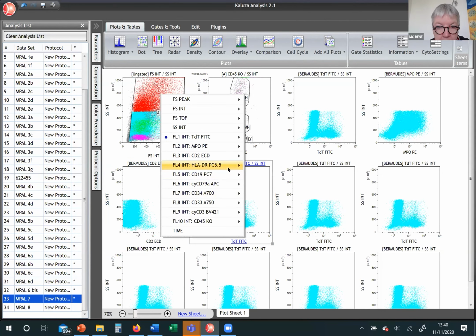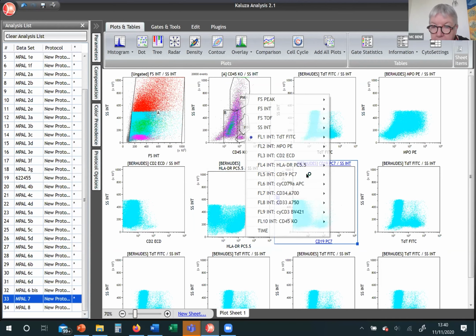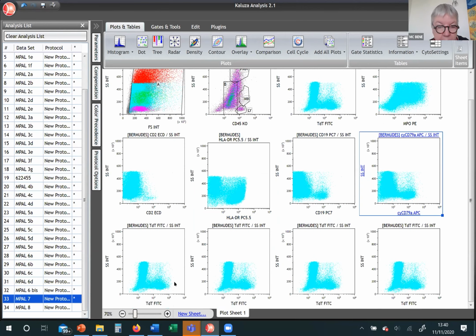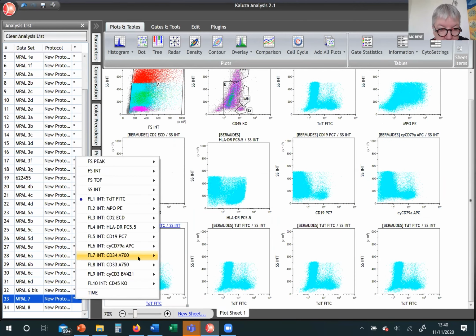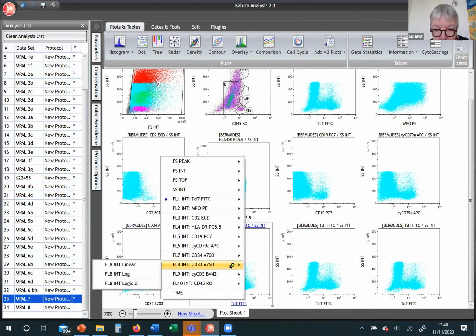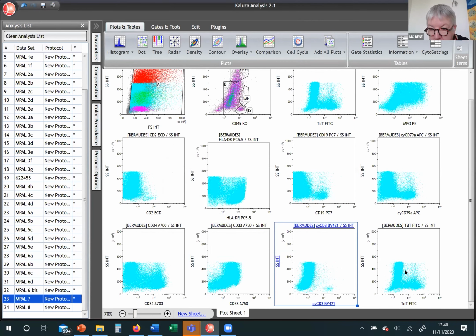This one is HLA-DR. Now we have some CD19, CD79a, CD34, CD33, and cytoplasmic CD3. There are 10 markers.